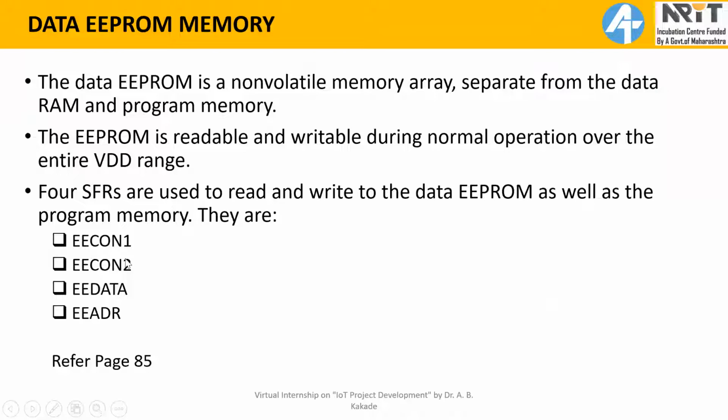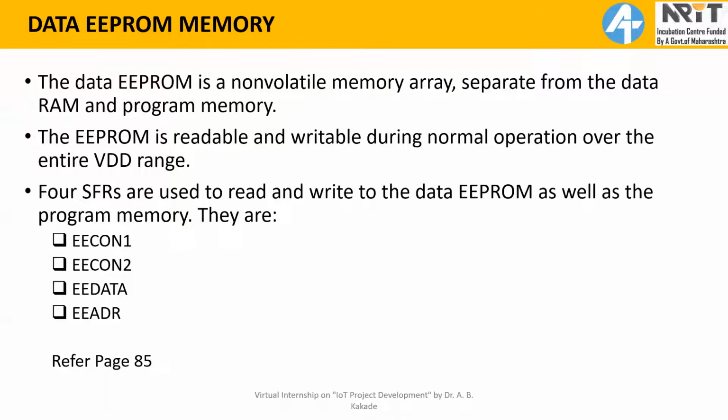Second register is not a physically available register, and its content is also not given. Whenever we want to perform write operation in EEPROM, there is a sequence of 2 bytes. Those 2 bytes must be written in sequence in this register, and then only you can write data in the actual EEPROM location. I will explain it with the help of the program.